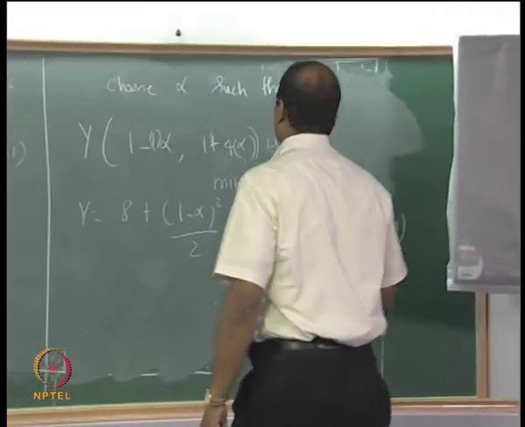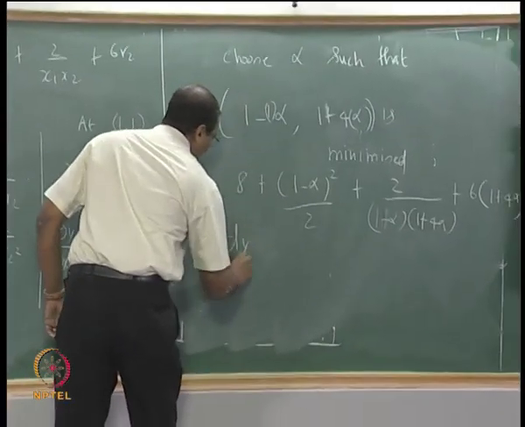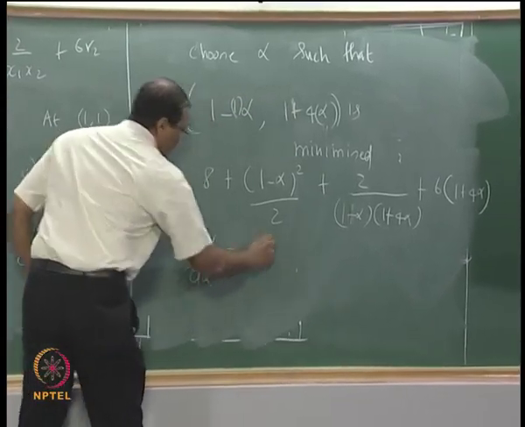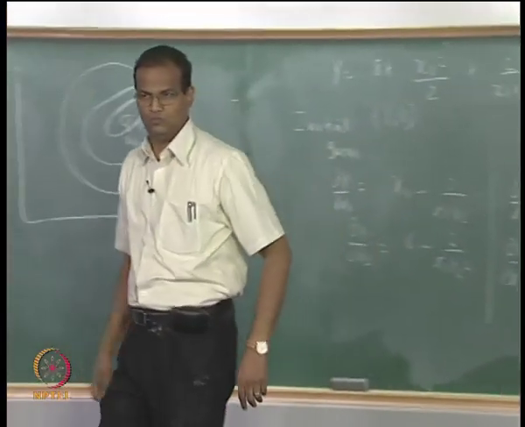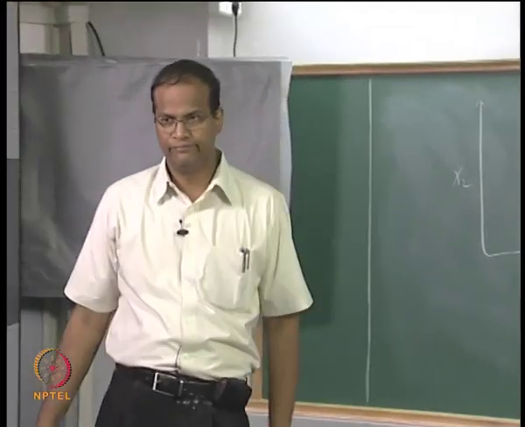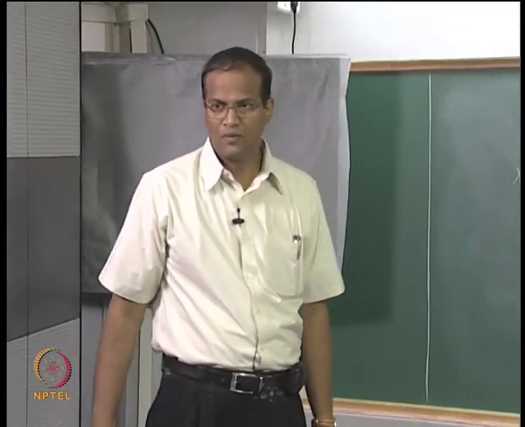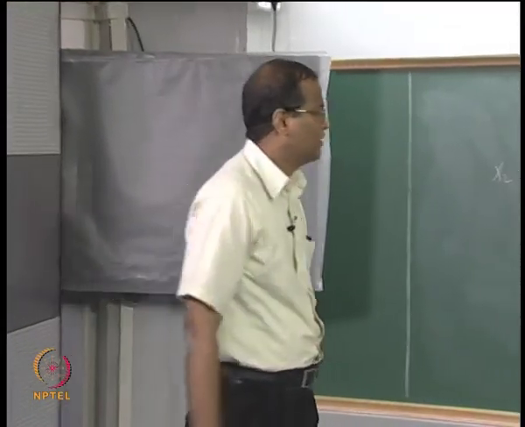So dy by d alpha equal to 0, solve for alpha.